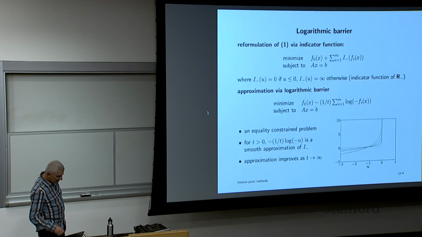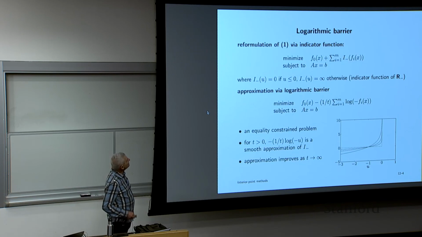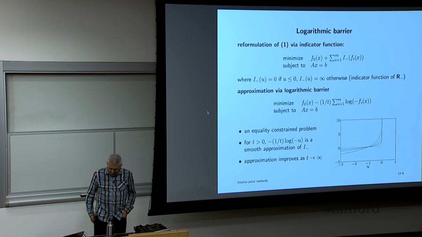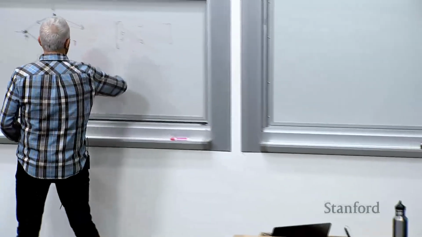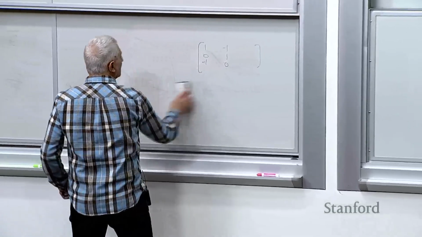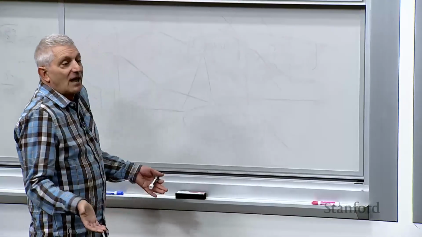Okay, so everything is going to hinge around this thing called the log barrier. You've seen it before, and we'll talk more about this on Thursday. But the story is kind of interesting. You say, I have these constraints and I don't know how to handle constraints.